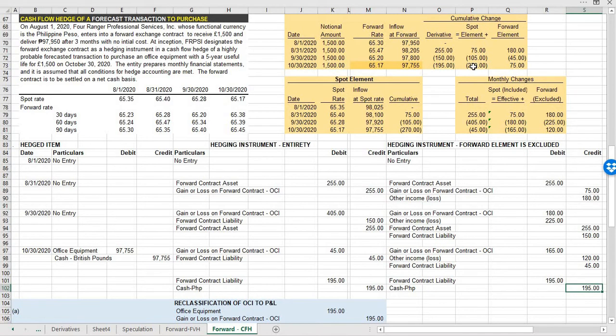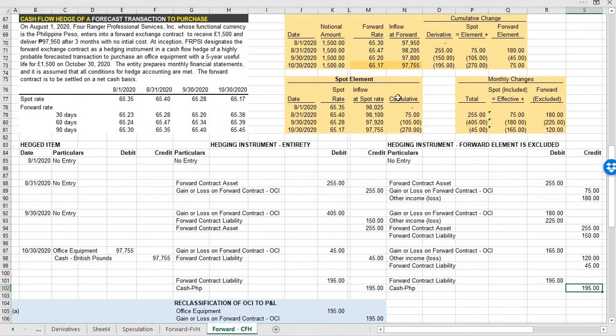Tatandaan nyo na yung cumulative balance, yun yung lumalabas sa statement of financial position. And since yung spot element lang ang sinasara natin sa OCI, ibig sabihin, itong cumulative change sa spot element, ito dapat ang balanse ng ating cash flow hedge reserve na makikita sa statement of financial position.